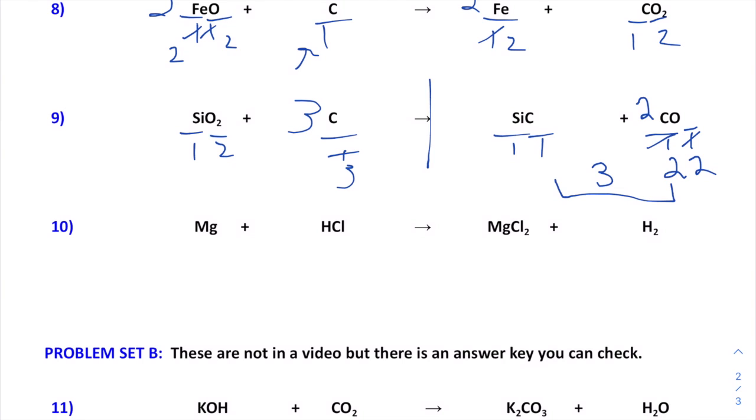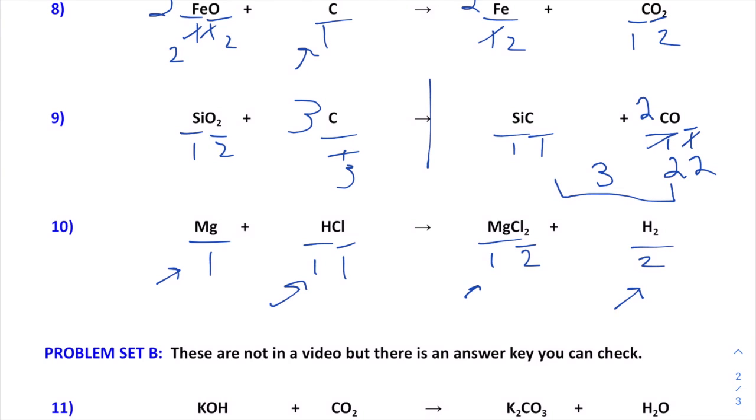Okay, last one for the video. 1 Mg, 1 H, 1 Cl, 1 Mg, 2 Cl, 2 H. So it looks like on the left side I have 1 Mg and on the right side 1 Mg, so that's balanced for now. But on the left I only have 1 H and on the right I have 2.